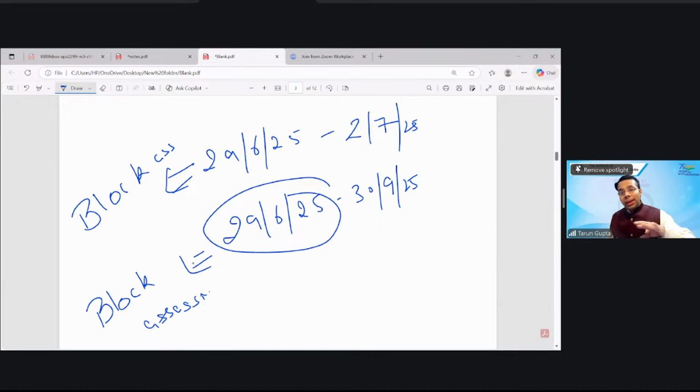Now, what do you think? On the date of initiation of the second search, whether the block assessment which was pending shall abate? The answer is no. What does the law say? It says the assessment under any other provisions, under any other chapter, shall abate, not the block assessment. What happens in this case is that, to do the block assessment for the second search, the AO has to first complete the block assessment for the first search.